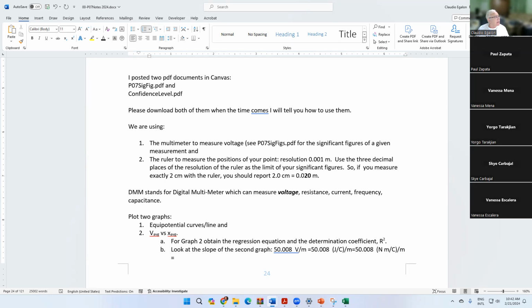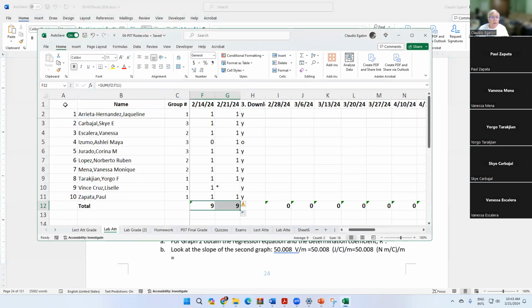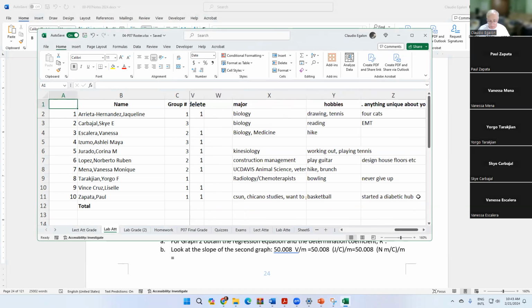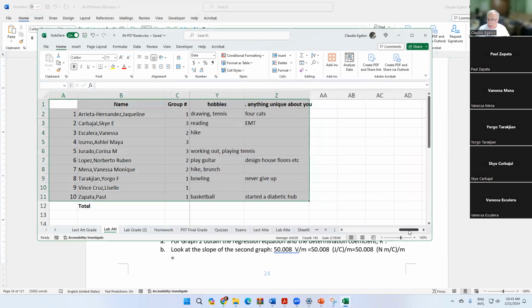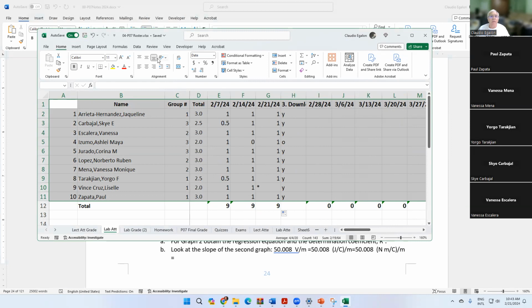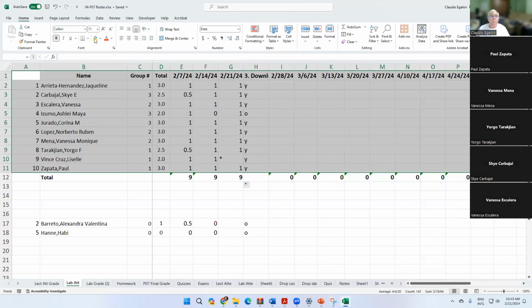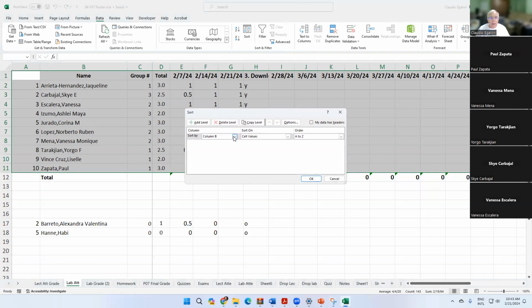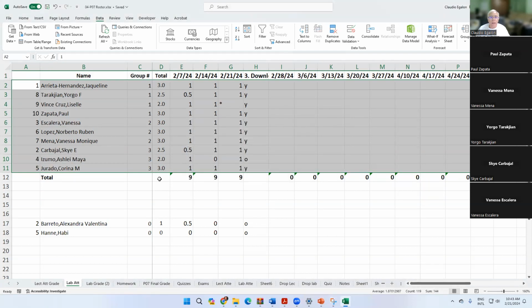And at this point in time, let me get my spreadsheet. My spreadsheet here and see here. Let's sort by column C. Okay, so we have group number one.